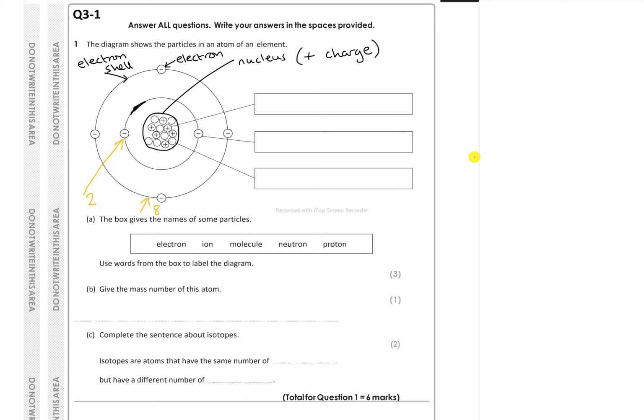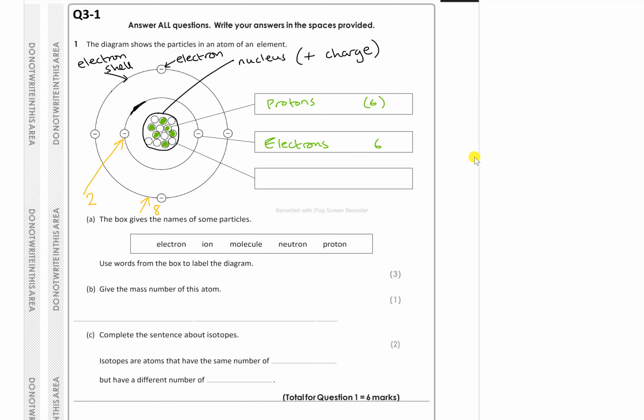So if you look carefully here, you've got 1 proton, 2 protons. Can you see the pluses? I'm just covering them. 2, 3, 4, 5 and 6. So we have 6. The positive ones are called protons, and we had 6. So we're going to have the same number of electrons, 6.